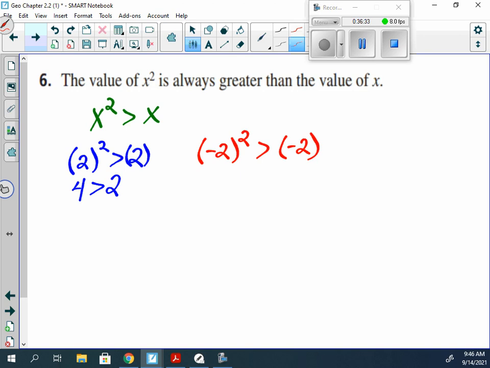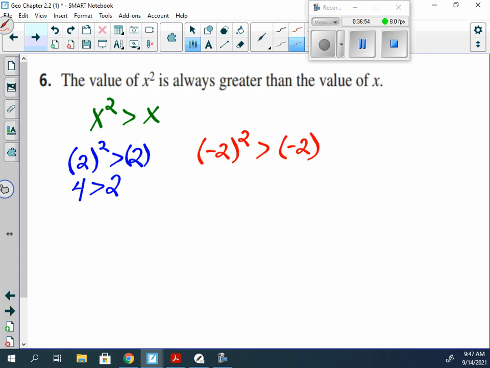Well, what we want is negative 2 times negative 2, yes? We know a negative times a negative is always positive. Because when you plug it in without the parentheses in the calculator, it sees negative 2 times 2. It's going to square the 2, not the negative. It doesn't see those as being attached. So we can put the parentheses around it.